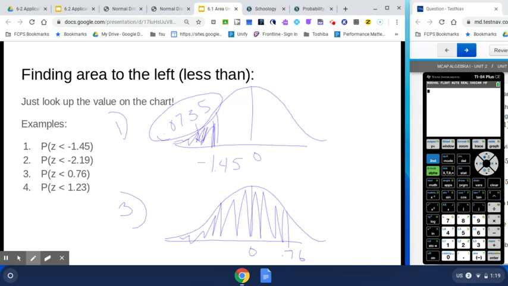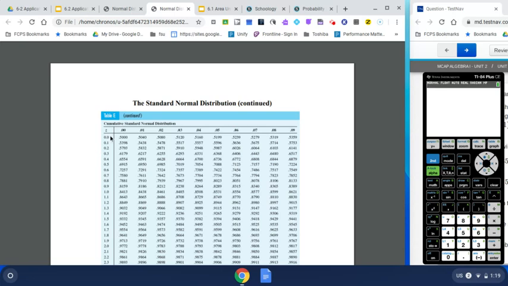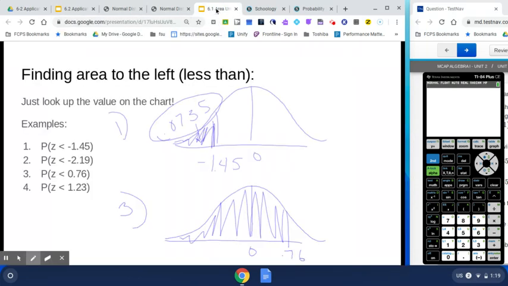This time we're going to go to the positive z-chart, scroll down until we get to 0.7, and then across to the 0.06 column, and we see 0.7764 is the area that's associated with that number. We see that this is a larger area.